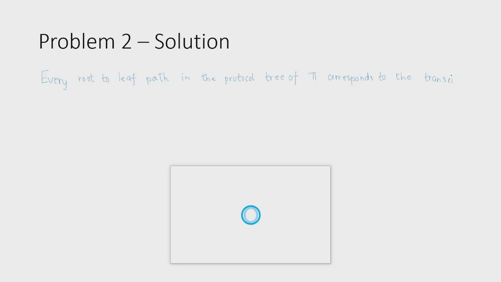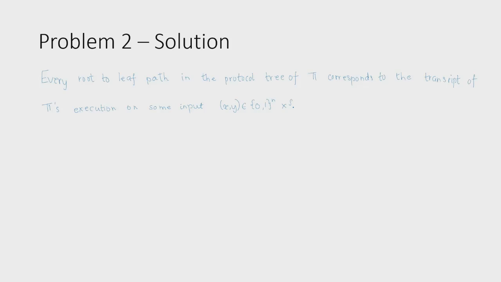Every root-to-leaf path in the protocol tree of pi corresponds to the transcript of pi's execution on some input (x, y) in {0,1}^n × {0,1}^n.